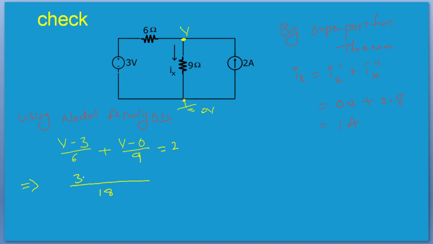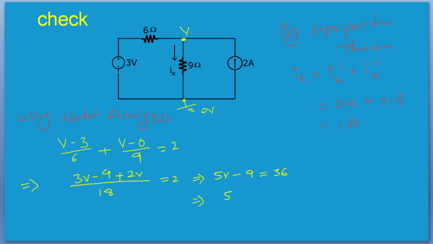So 3(V minus 3) plus 2V is equal to 36. That implies 5V minus 9 equal to 36.